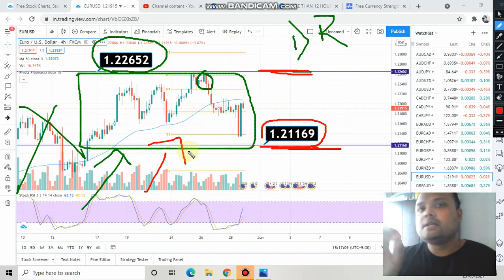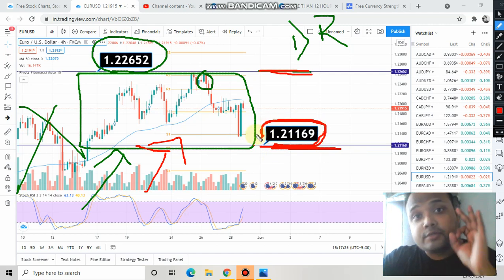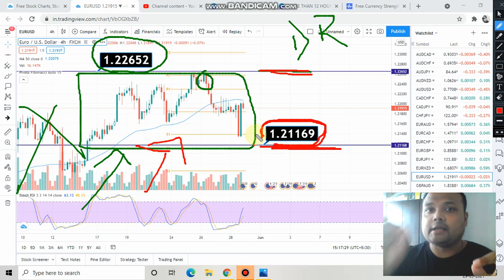In fact, yesterday there was a sharp fall, still the market did not breach this level. So in case the market comes down and hits this support level 1.2116, just observe the price, just try to understand the chart, just try to read the market psychology.